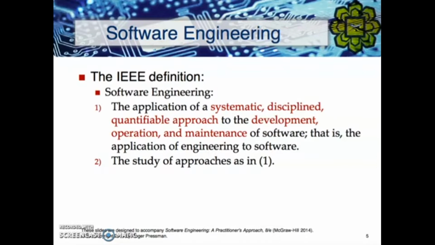That is the application of engineering to software, and software engineering encompasses the study of approaches as in one. So when we are talking about software engineering, it covers many approaches that would help us to develop software according to a systematic, disciplined, and properly measurable approach.